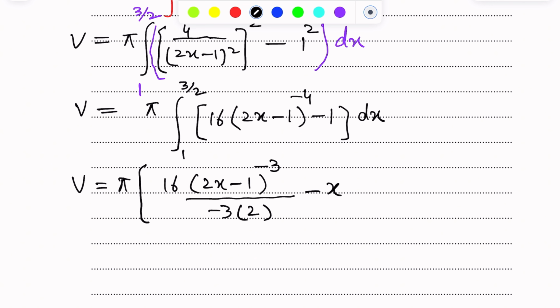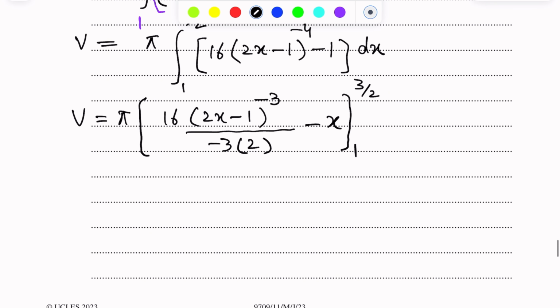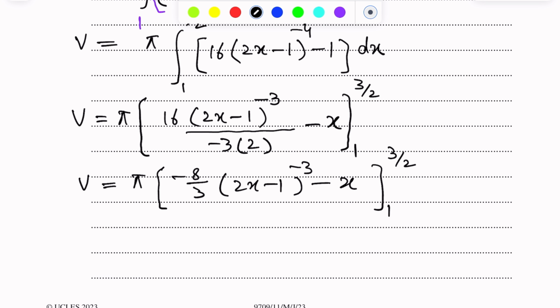So this is the integration. Now we will simplify it and apply the limits. Simplifying, cancellation, 2 8s are 16, now we will get here minus 8 over 3. V is equal to pi into [minus 8 over 3, (2x minus 1) power negative 3, minus x], limit is 1 to 3 over 2.